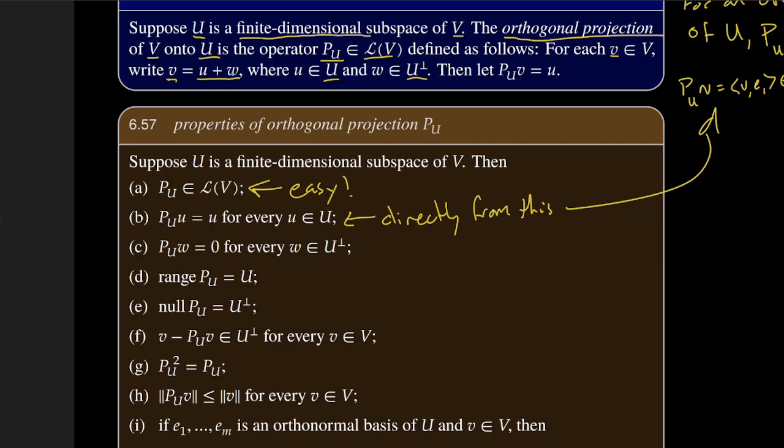So if you want to write it as a sum of something in U and something in U perp, then the thing in U is going to be u itself, and the thing in U perp is going to be 0. So P_U of u is u. Okay. P_U of w is 0. All right. Not too bad.